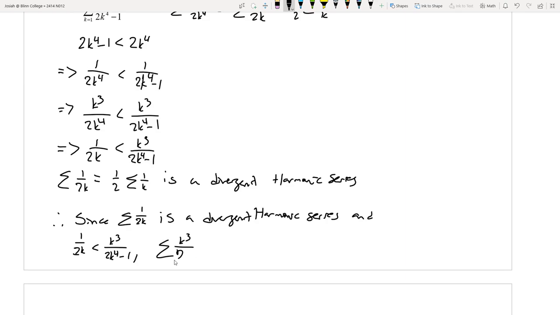So the sum of k cubed over 2k to the fourth minus 1 diverges by DCT.